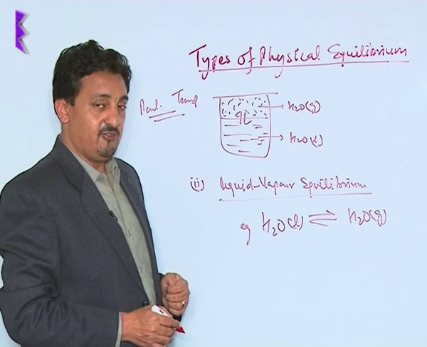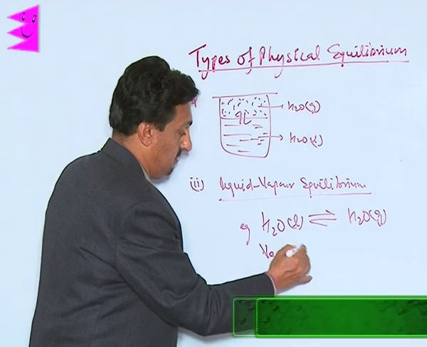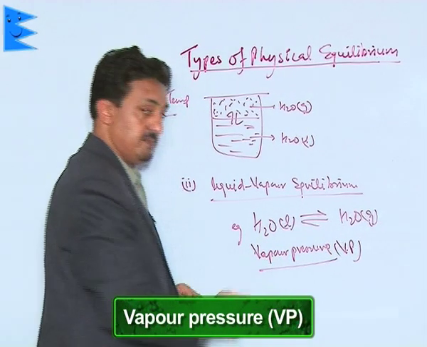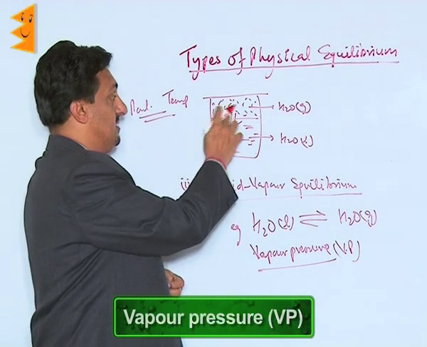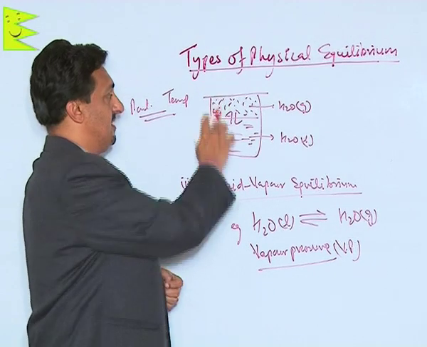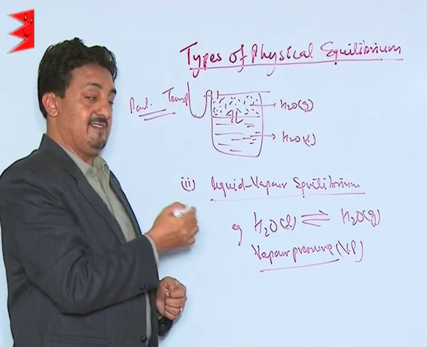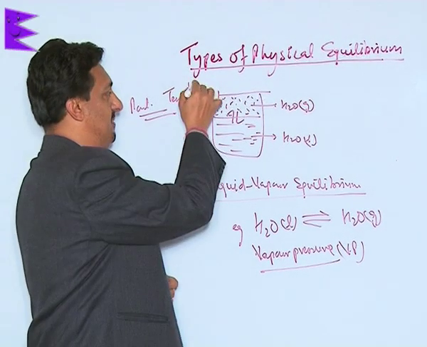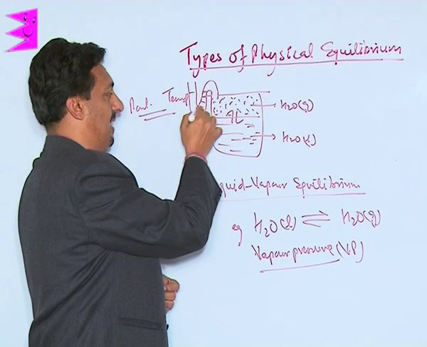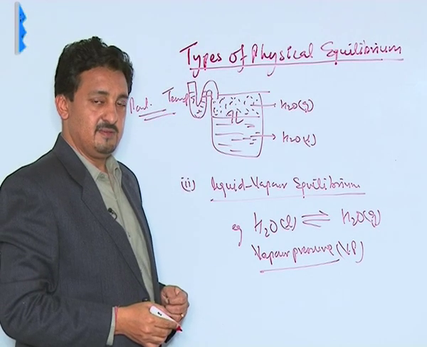Another important thing associated with this kind of equilibrium is the vapor pressure, VP, because these water molecules which are now present in the vapor state will behave like a normal gas and exert certain pressure, which we can easily measure by connecting a closed end manometer.